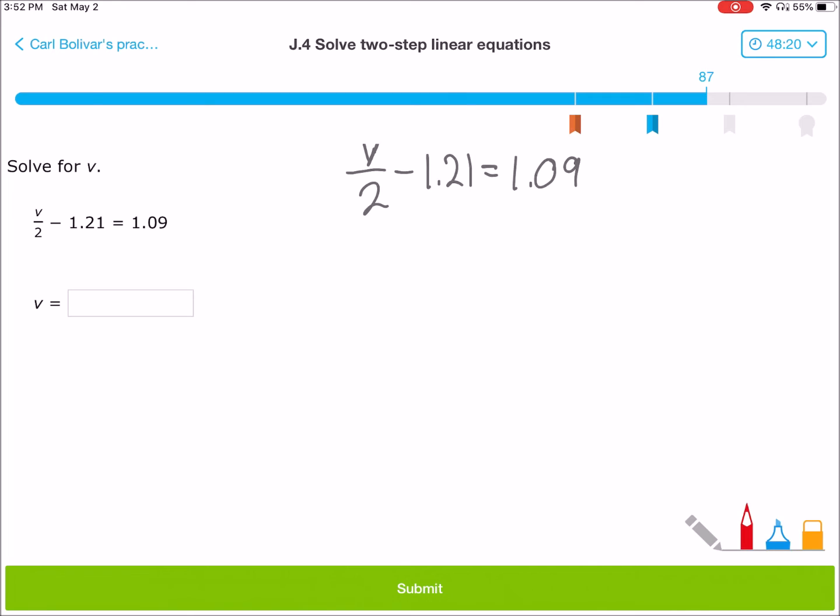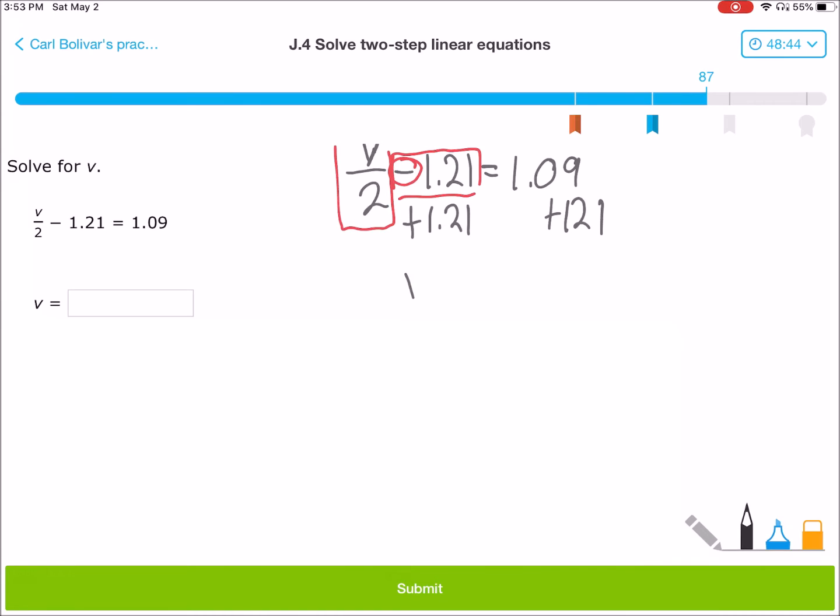We are going to move this all the way to the other side. Don't worry about this division yet. Worry about the integers first. So we will add, since this is a subtraction side, we will add 1.21 to each side.